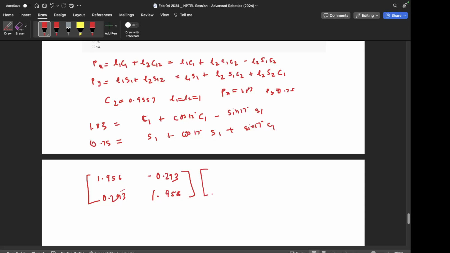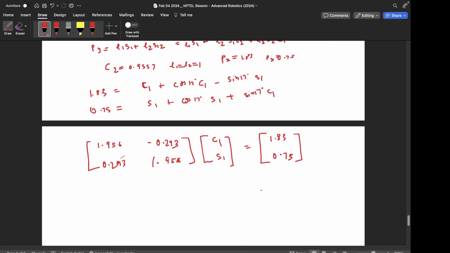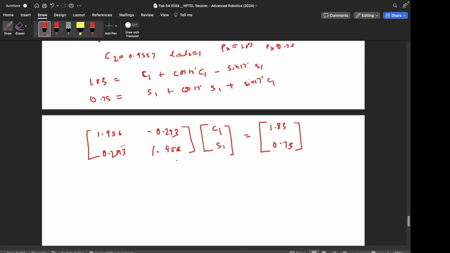This is the known part, the unknown is C1 and S1, and this is equal to 1.83 and 0.75, right? Now this is a familiar form in which this is matrix A, this is unknown X, and this is the known vector B.